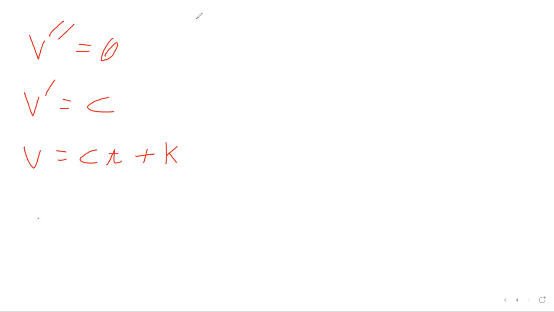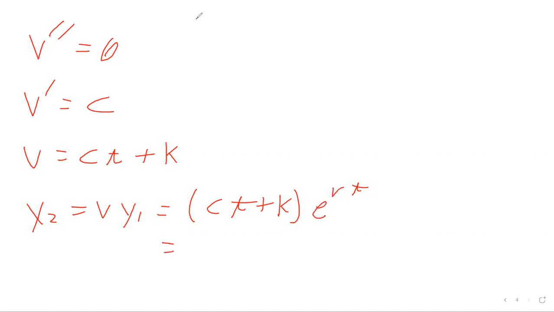So whenever we do our y2, it's going to be v times y1, which is ct plus k times e to the rt, which we can then distribute to get down to here.